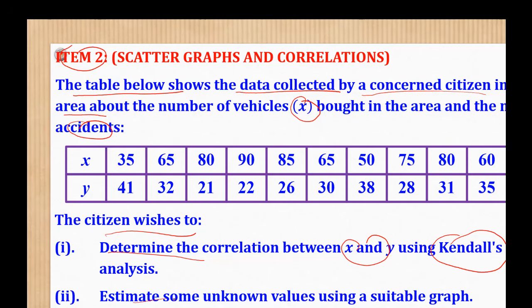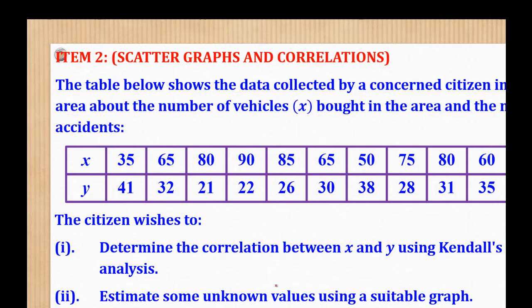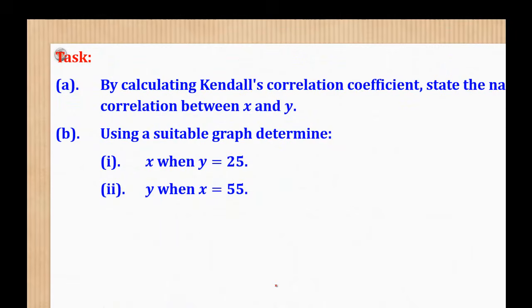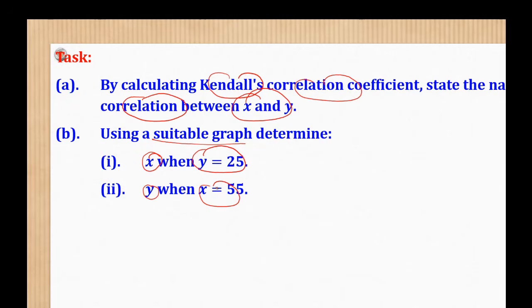Then 2, estimate some unknown values using a suitable graph. So part A, by calculating Kendall's correlation coefficient, state the nature of the correlation between X and Y. Then part B, using a suitable graph, determine X when Y is equal to 25 and determine Y when X is equal to 55.